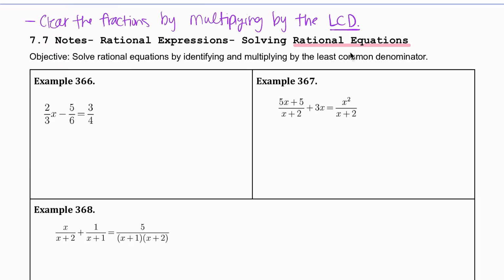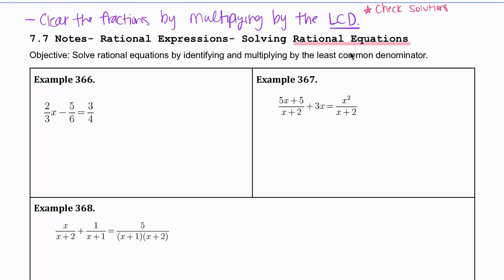And then one thing we are going to have to do is, I'm going to put a little star right here, we're going to have to check the solutions. The reason we have to check the solutions is we know that we cannot have a 0 in our denominator. So if we have a variable in the denominator, whatever we get for our x, we have to make sure that if I plug that back into my equation, I don't get a 0 in the denominator anywhere.